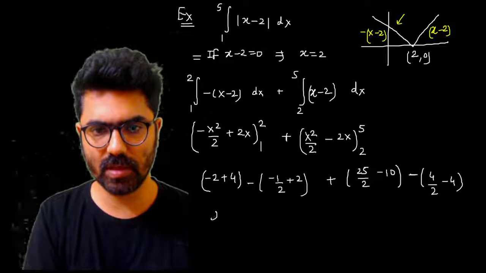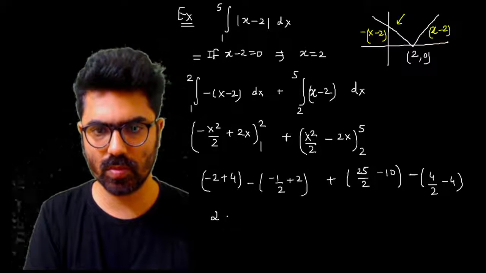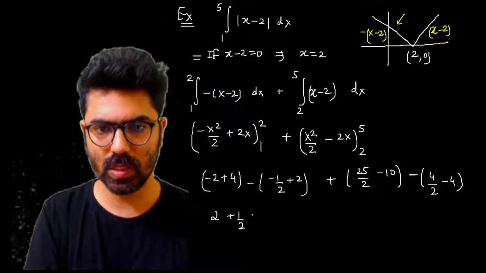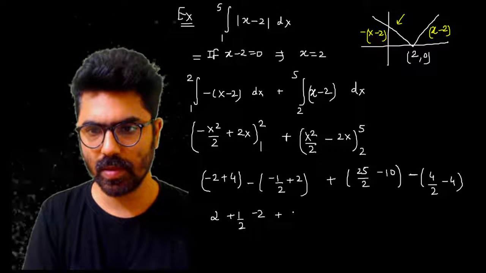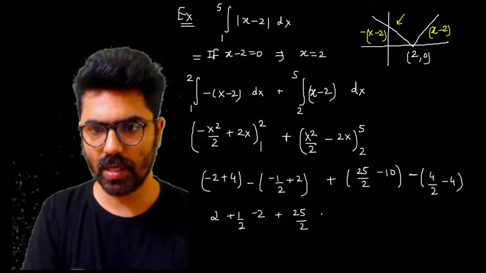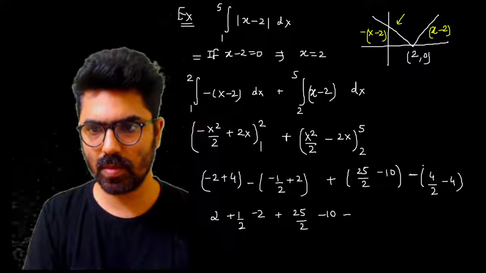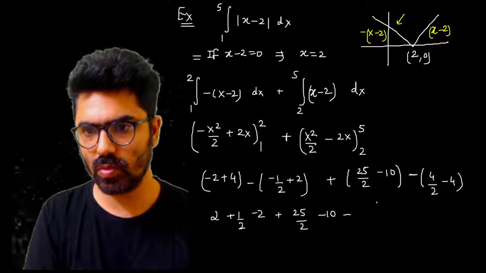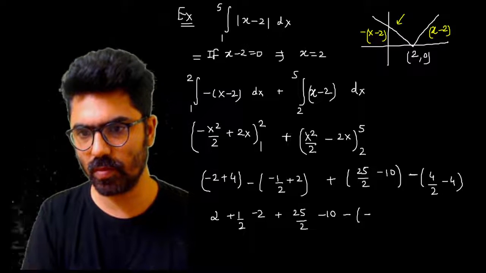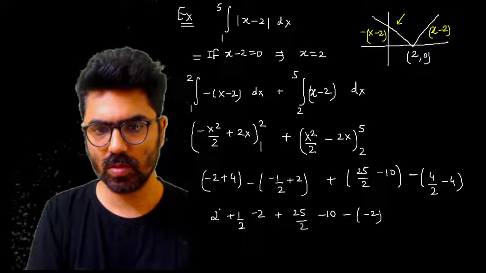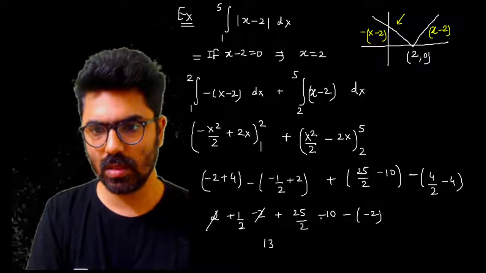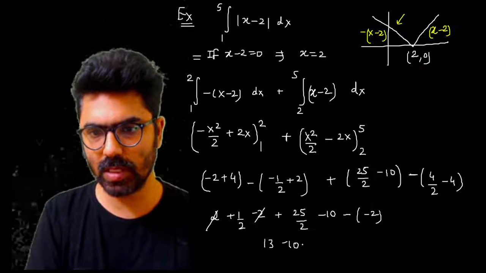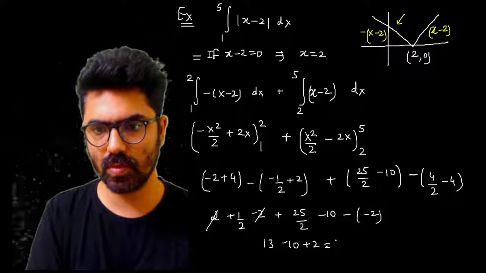Now let's simplify this. You will get 2 plus 1 by 2 minus 2. Here we will get 25 by 2 minus 10 minus 2 minus 4. 2 gets cancelled. 25 by 2 and half becomes 13, and this will become minus 10 plus 2, which is now 5.